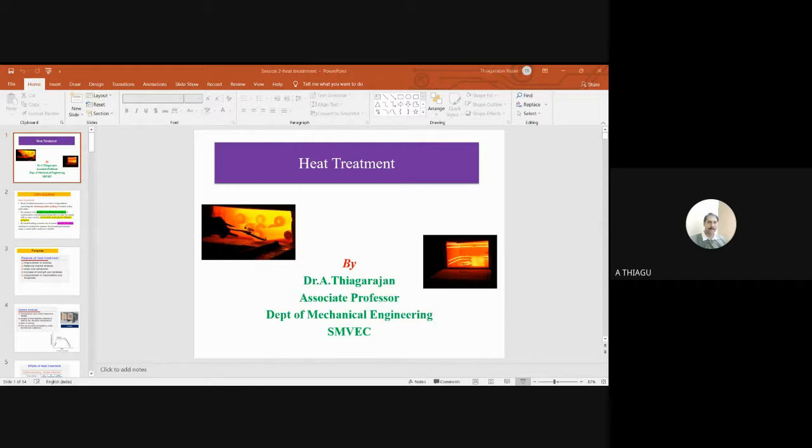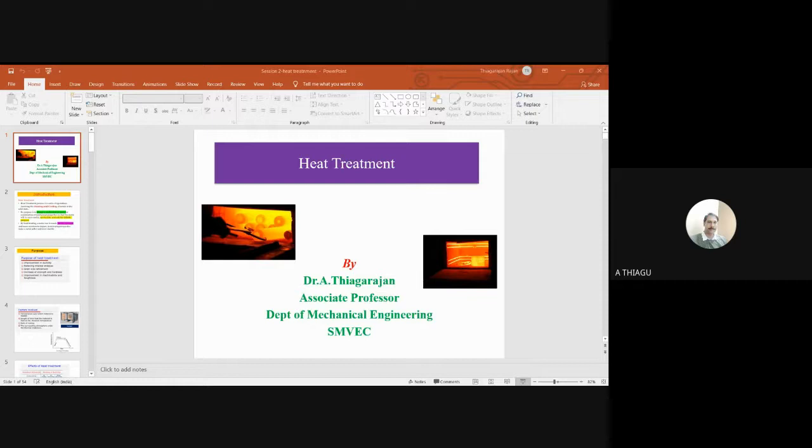As a result, strength and hardness are improved. Lastly, machinability and toughness are also improved with heat treatment. So for any mechanical property modification, we have to go for the heat treatment process. Ultimately, hardness, strength, wear.